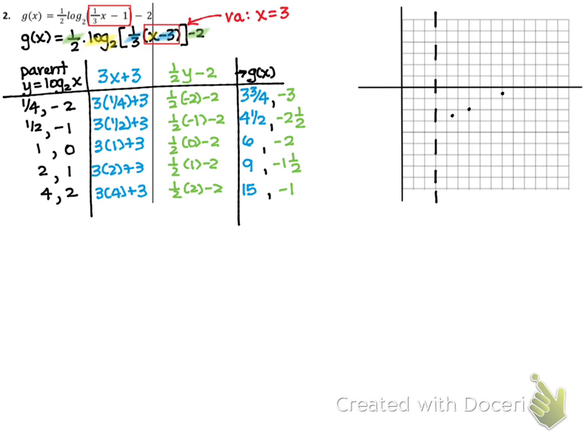Oh, okay, I plotted this one wrong. I did not go down far enough. So 9, 6, 7, 8, 9, -1.5. There we go. Okay. All right, let's see if we can get a decent sketch.